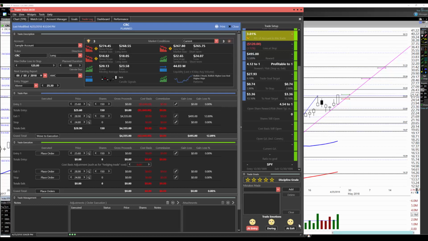And at time you close the trade, what are you feeling? You were on plan, or you were scared, or you were greedy. What's the emotion you've got going for you there? The idea is to let this tool help you inform and give a feedback loop that will help you control your emotions and improve your trading.